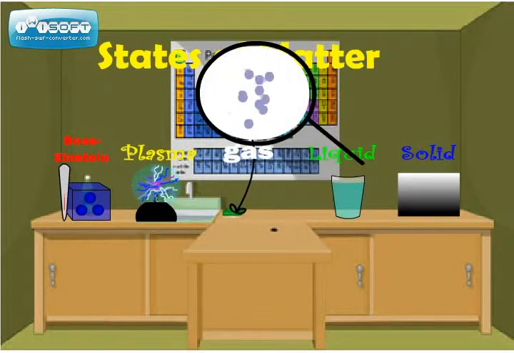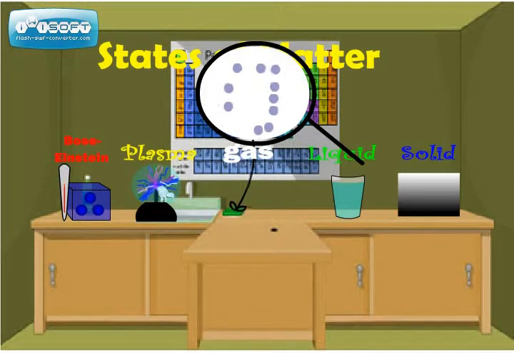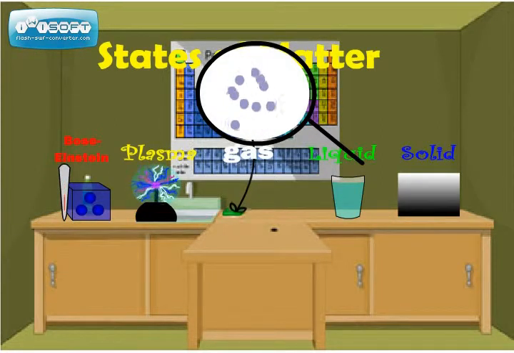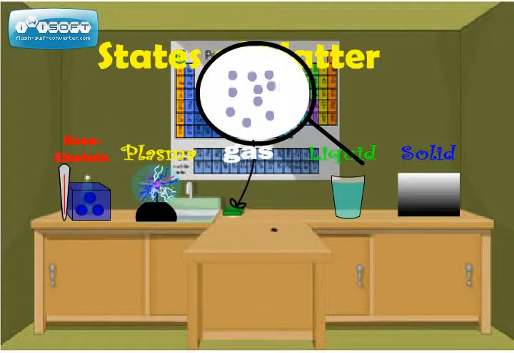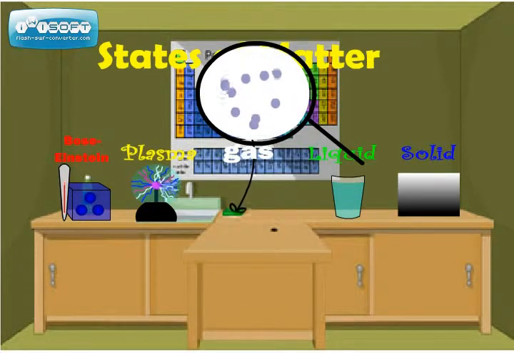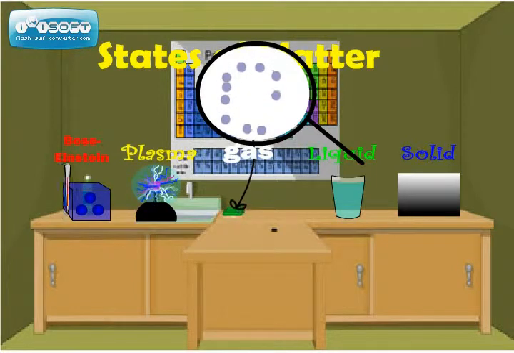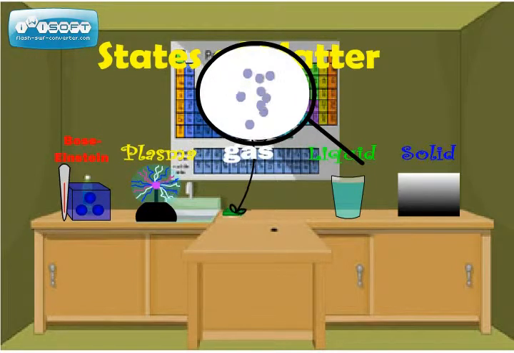In gases, the forces that drive the particles are very small. In a gas, the number of particles per unit volume is also very small. The particles move in a disorderly manner with clashes between them and the walls of the container.